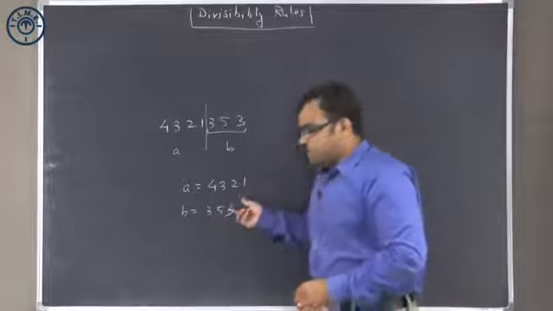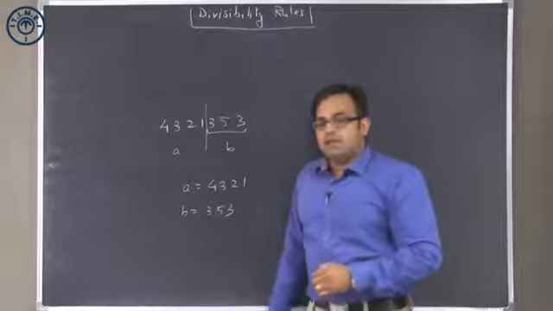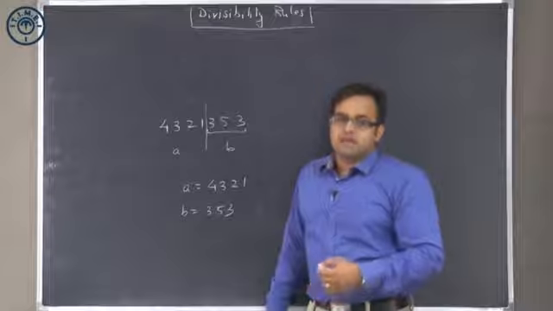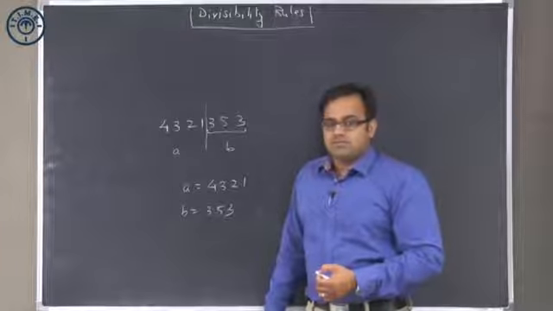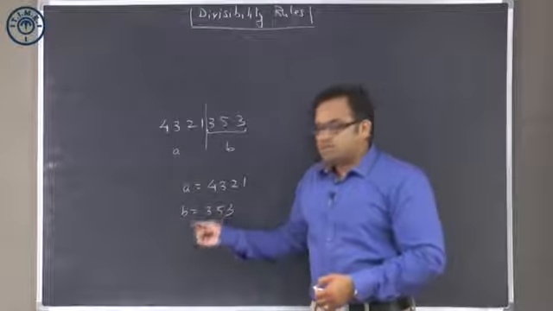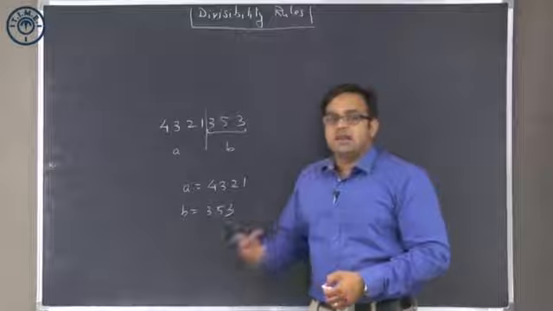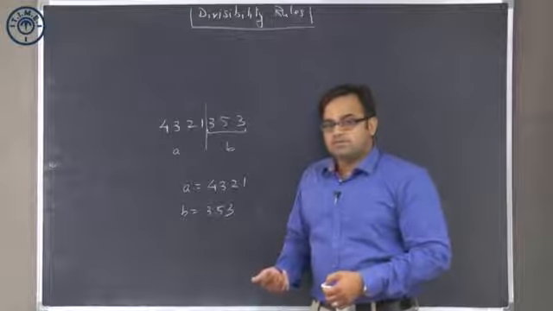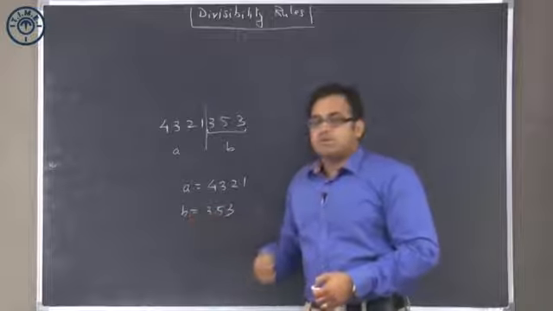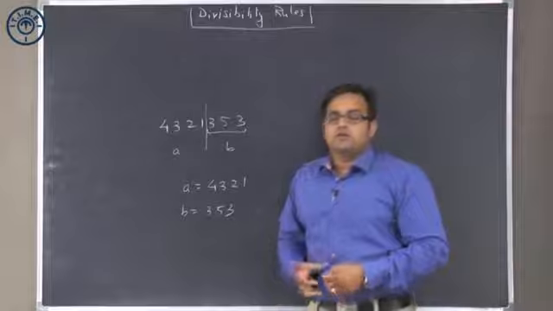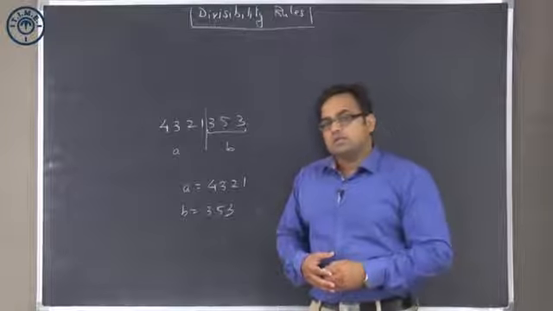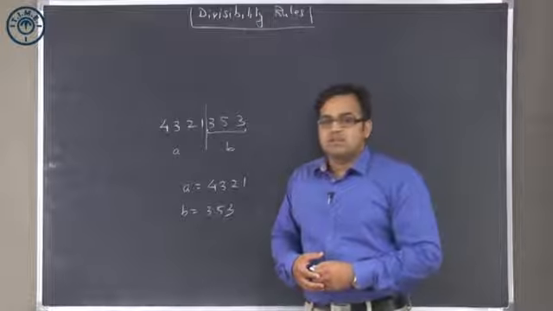If the difference of these two numbers, A and B, is divisible by 7, then the entire number is divisible by 7. Similarly, if this difference is divisible by 11, then the entire number is divisible by 11. Or if this difference is divisible by 13, then the entire number would also be divisible by 13. So that's the divisibility rule for 7, 11 and 13.